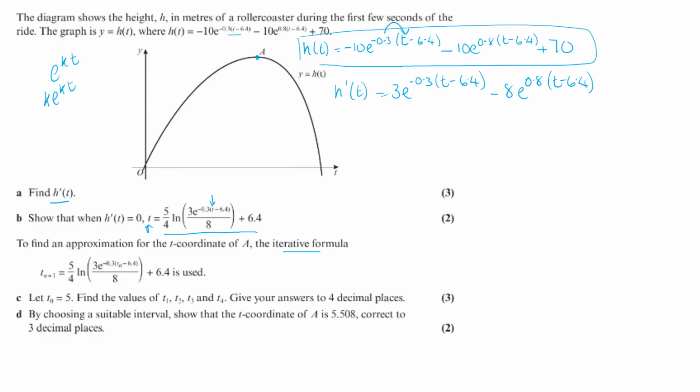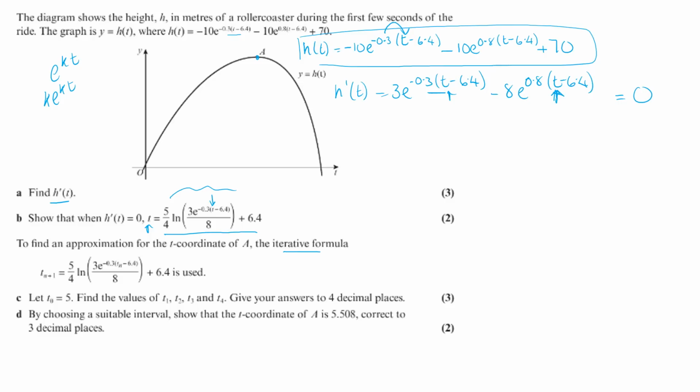So when you have iteration, what you are doing is trying to make one of the t's here the subject, when we equate this to 0. We can see that we've still got this e to the minus 0.3 in our equation for t, so it must be this t that we are making the subject.